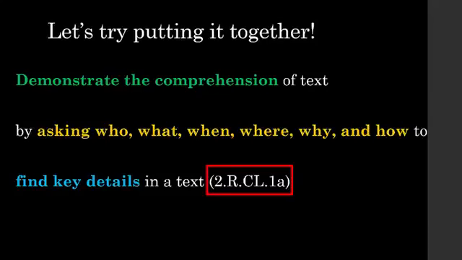So this is a way that I can keep track and make sure that I have addressed all of the content in each standard in my objectives. Okay? Not a requirement, just a tool.